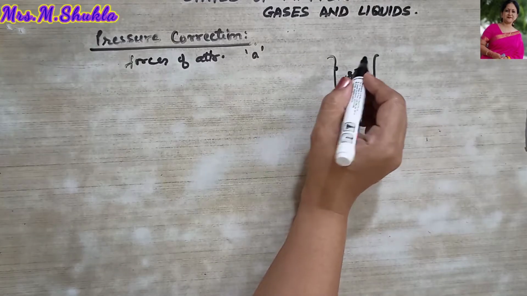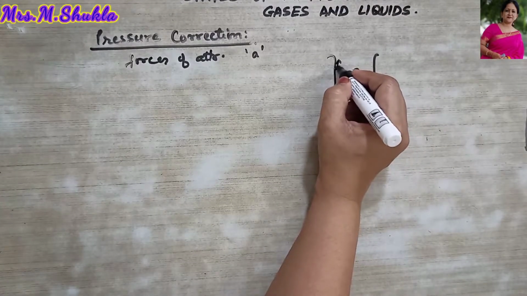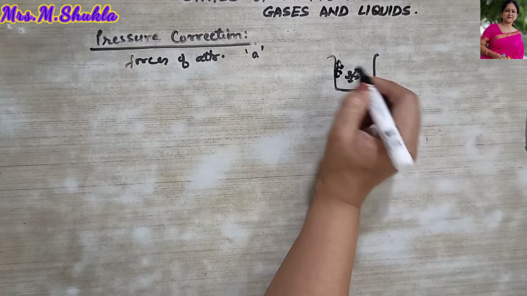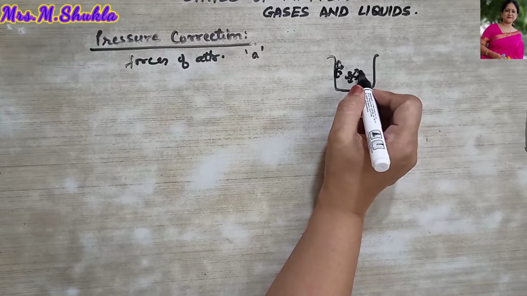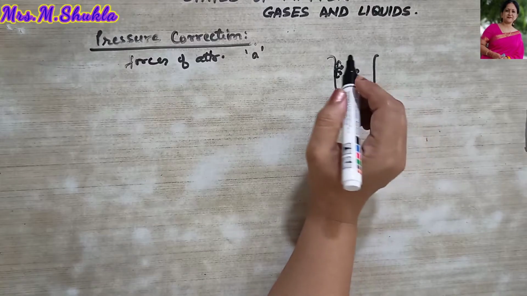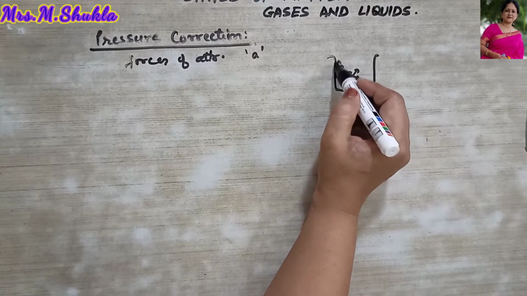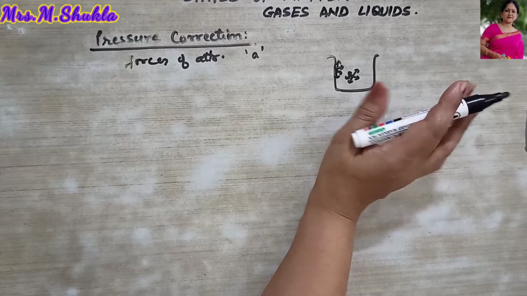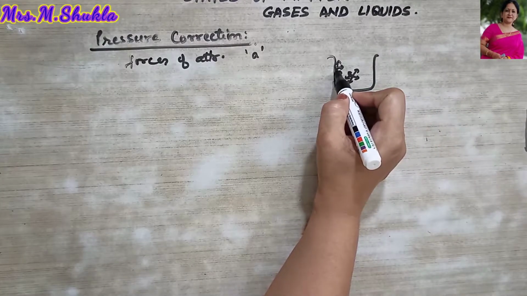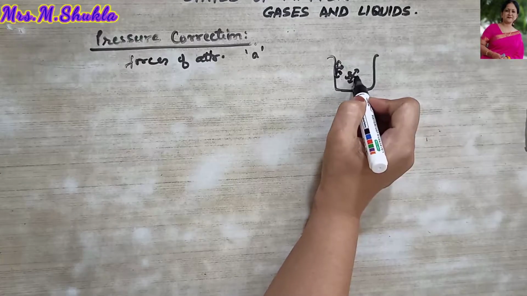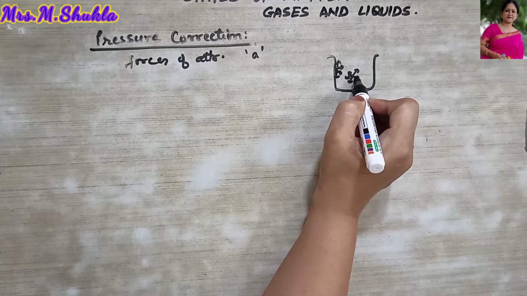Now if you look at this particular molecule, which is striking the wall of the container, it will only experience the inward pull. This will only experience the inward attraction, as on the other side there is no molecule. Therefore, the pressure on this molecule should be less than the pressure on the inner molecules.